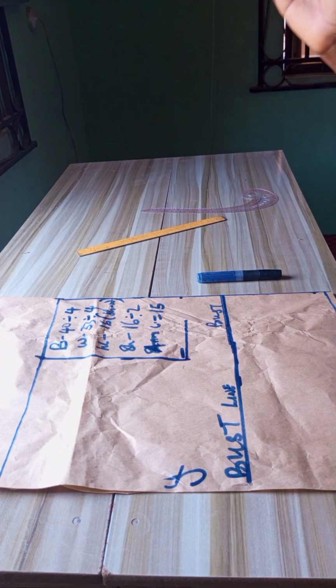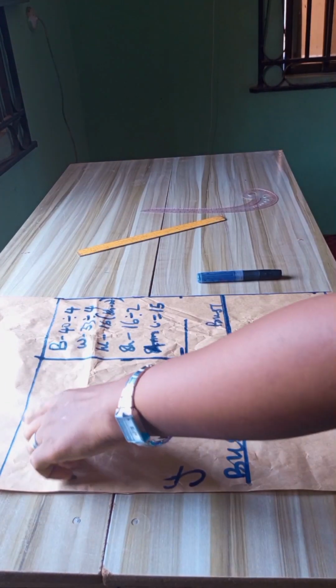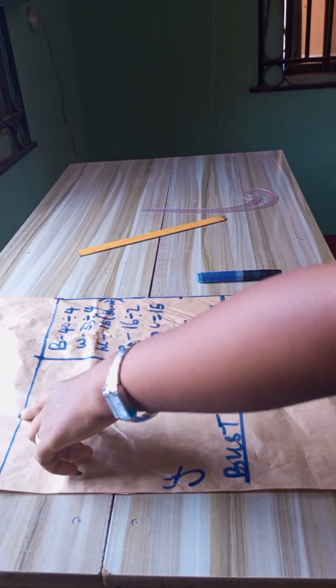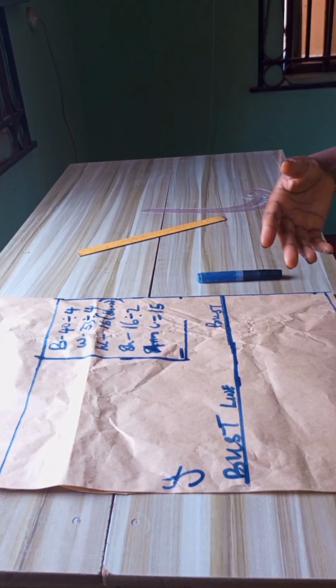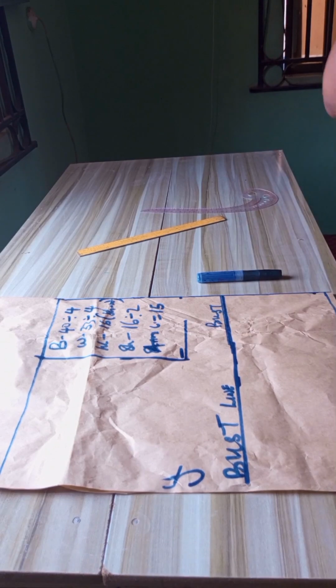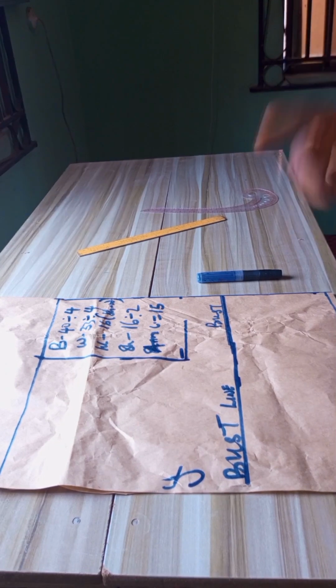When we start our pattern drafting, the first thing we need to do is measure from the shoulder to the waist. That is our half length. If you don't know how to do this, take your tape rule, put it at your shoulder line, then measure to your navel and go back by 2 inches.